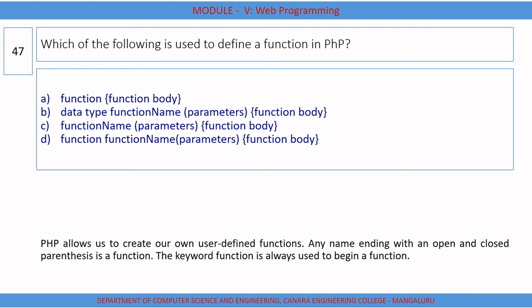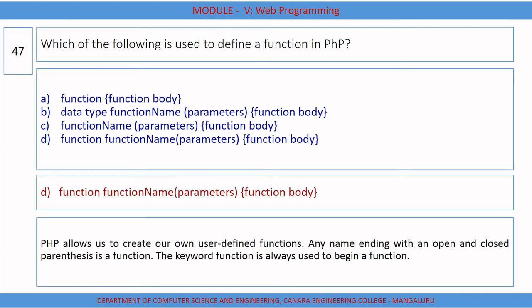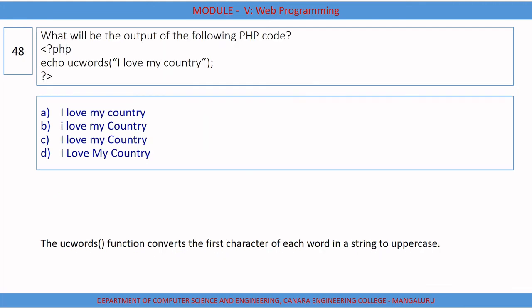Which of the following defines a function in PHP? Correct answer is function, function name, parameters, function body. PHP allows us to create our own user defined functions. Any name ending with an open and closed parenthesis is a function. The keyword function is always used to begin a function. So correct answer is D.